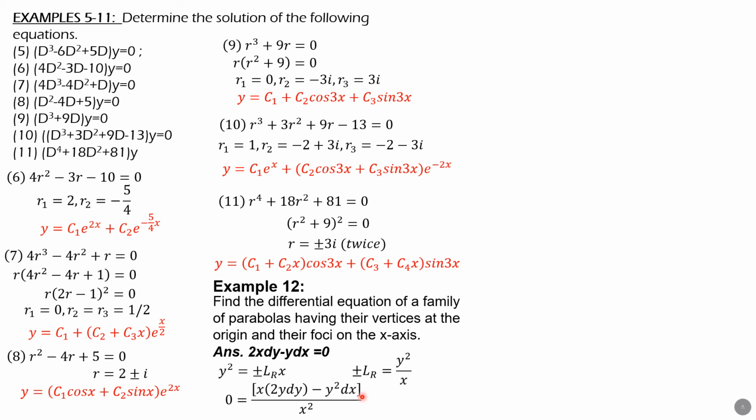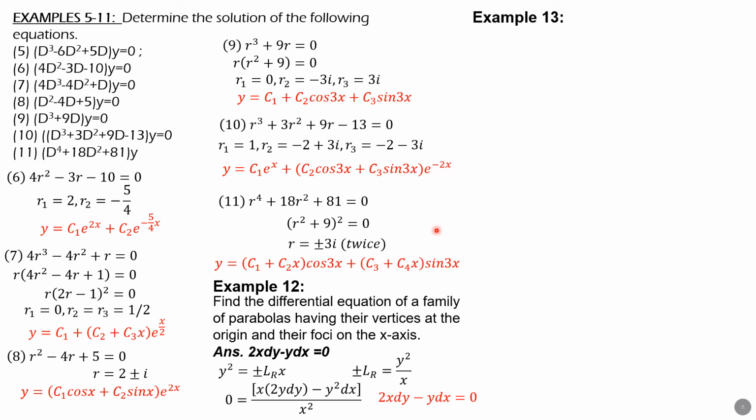And for these two terms, y is common, so we also divide by y. Then the first term becomes 2x dy. The second term is minus y dx. So the answer, differential equation of family of parabolas with vertex at the origin and focus on the x-axis, would be 2x dy minus y dx equals 0.